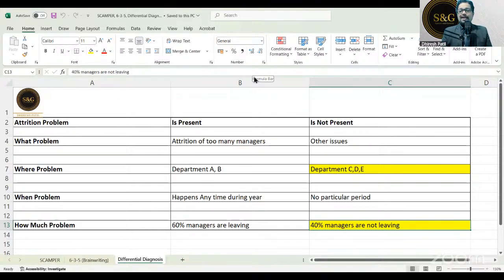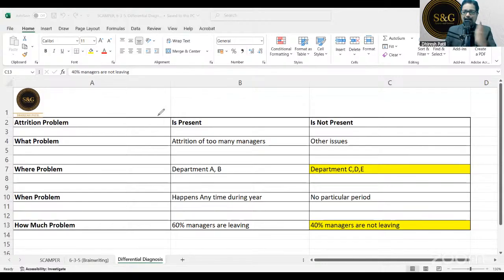What is differential diagnosis? Let's take the same example, the problem of managers leaving the company. It's an attrition problem. So how have they identified it? Let me give you one example first, then I will come to this point.